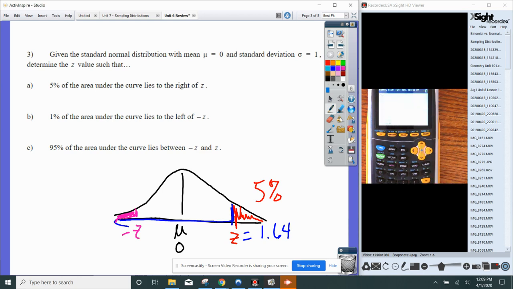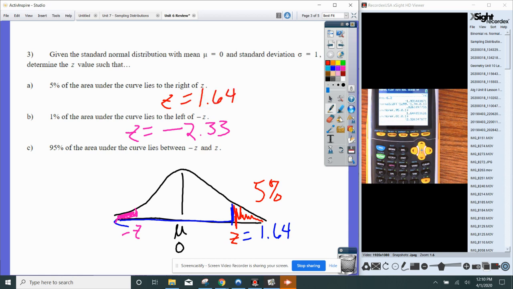So inverse normal, this time 0.01. And that's going to give us a -2.33 z-score. Go back to this one. So our z-score up here was 1.64.